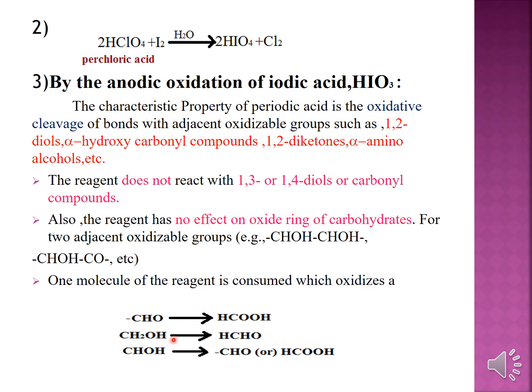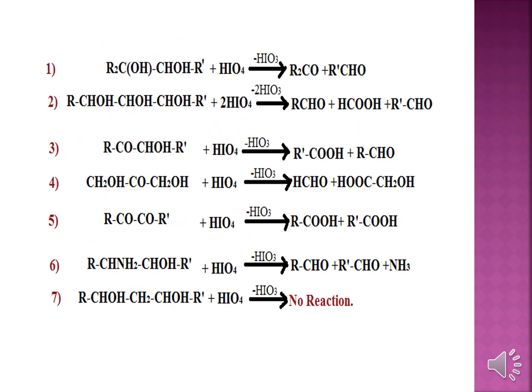CH2OH is oxidized to formaldehyde, and an aldehyde is oxidized to formic acid. CHOH is converted or oxidized to an aldehyde or formic acid. Remember, this is a very important thing that you have to apply in the application part as well as for conversions. Moving on to certain examples.